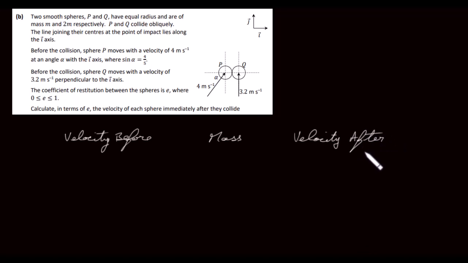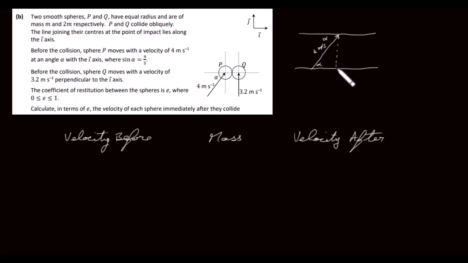Looking at our diagram here, we have P moving in this direction at an angle alpha to the i-axis. So if you think about that, if this is the i-axis here, and P is moving in that direction, if this is alpha here, this is going to be alpha here as well. So we know that this is 4 meters per second up along this way.